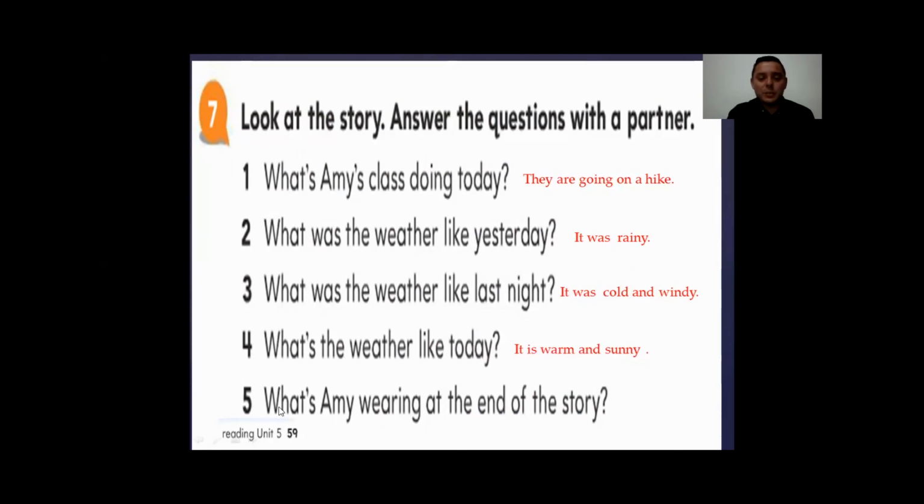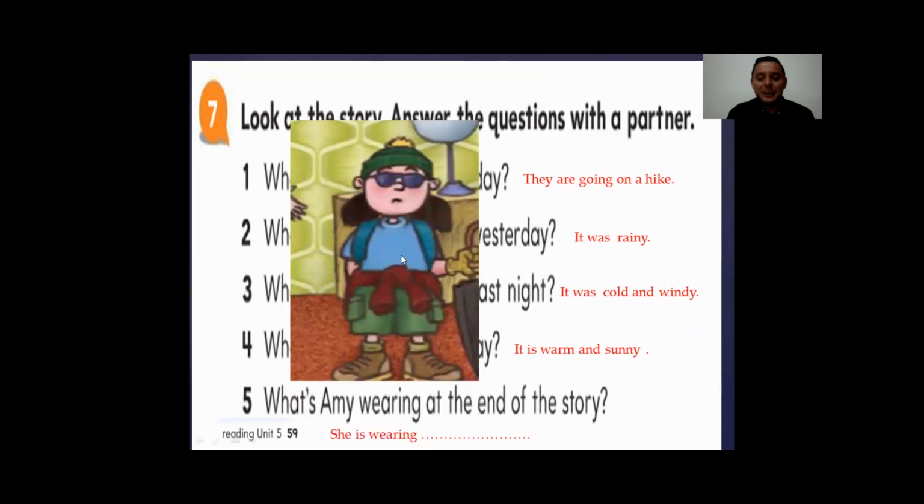And last question, question 5. What is Amy wearing at the end of the story? So, look at Amy. What is she wearing? You're going to write your answers. Look at her clothes. What is she wearing? She's wearing too many clothes.